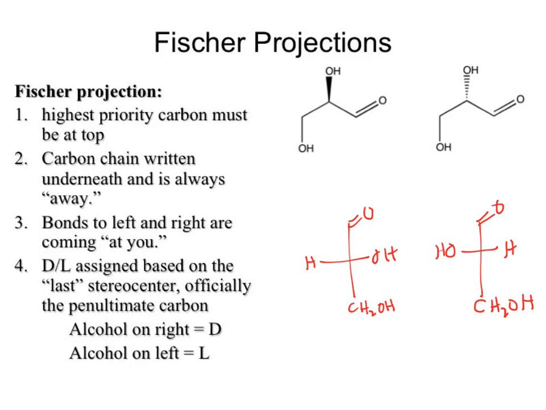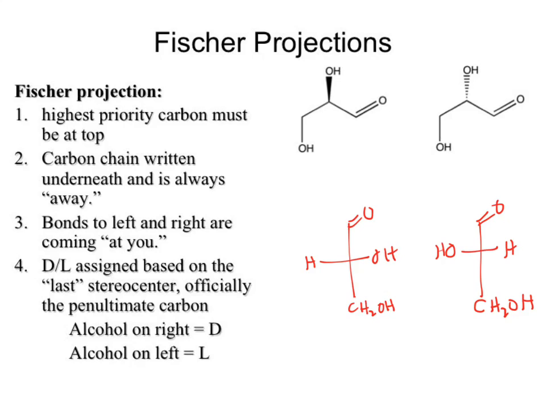Another system, which is, again, completely separate from R and S and completely separate from our optical activity. Okay? So it would be nice if we used a completely separate, different set of terminology. But we don't. The symbols we use are capital D and capital L, not to be confused with lowercase d and lowercase l, because lowercase d means the molecule rotated light to the right.